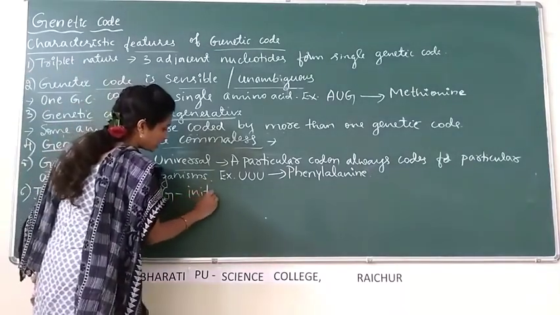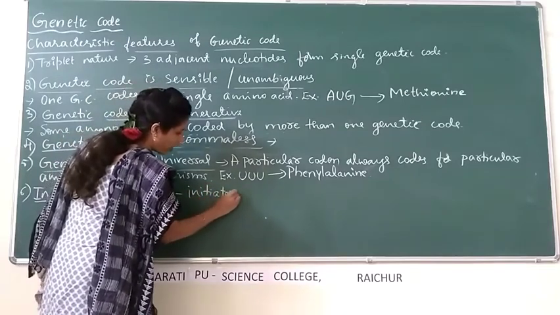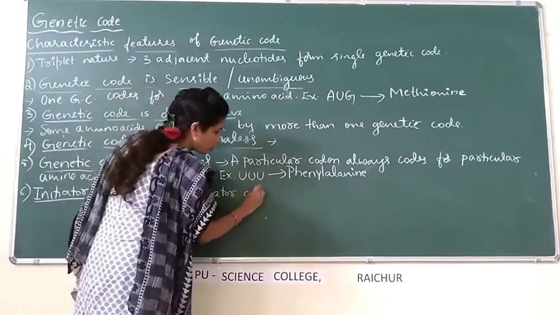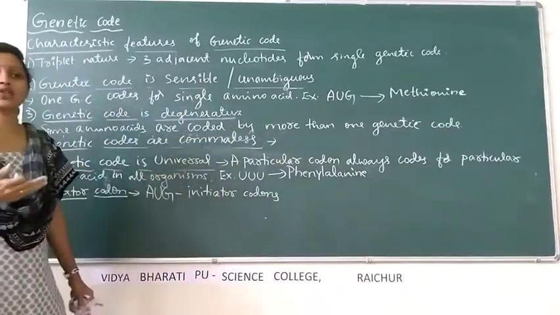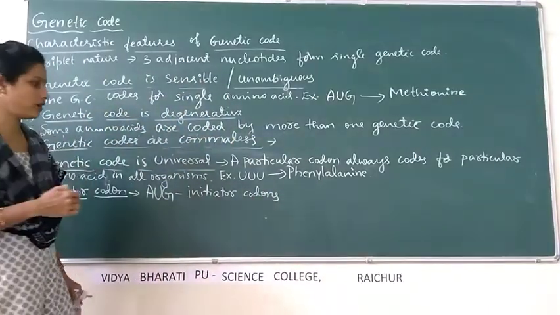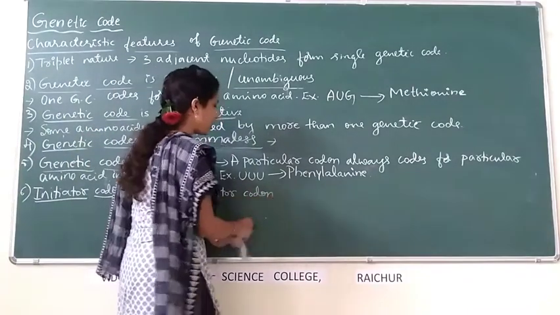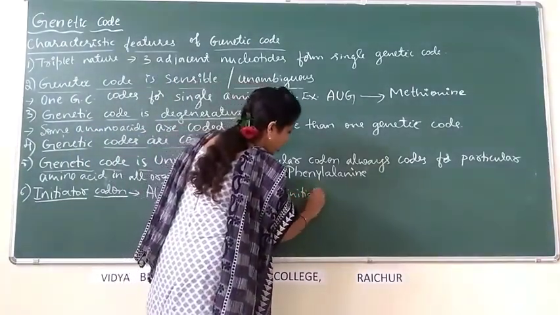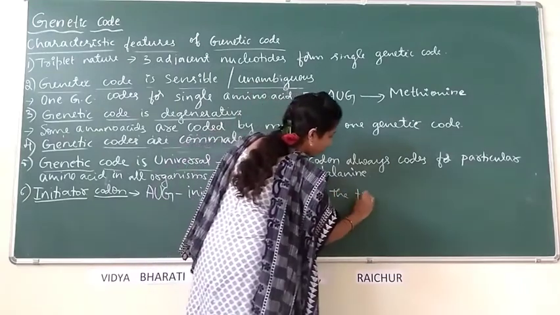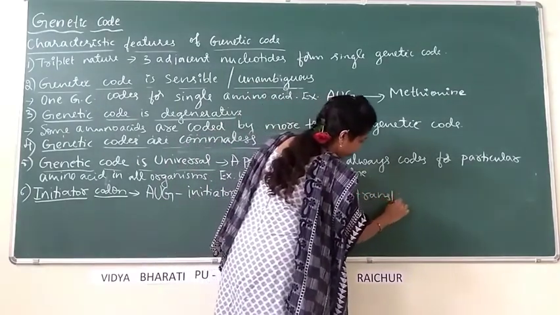AUG is the initiator codon which usually initiates or begins the process of translation.